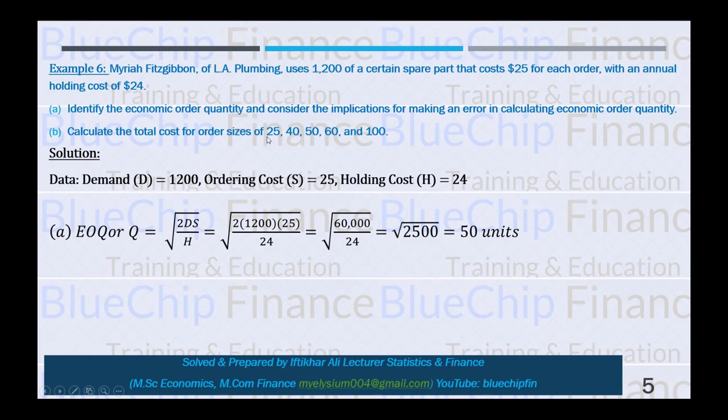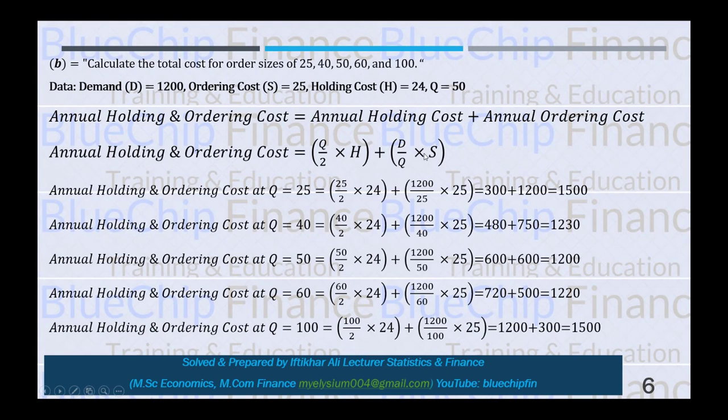After that, calculate the total cost for order sizes of 25, 40, 50, 60 and 100. So first we take Q equals 25, Q equals 40, Q equals 50, 60 and finally 100. We already discussed that annual holding cost equals Q divided by 2 multiplied by H, and annual ordering cost equals D divided by Q multiplied by S. So when we calculate annual holding and ordering cost at Q equals 25, just place Q equals 25 where it is.